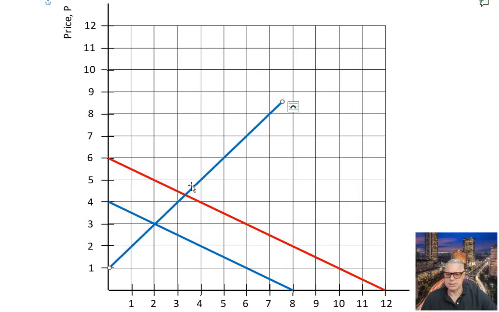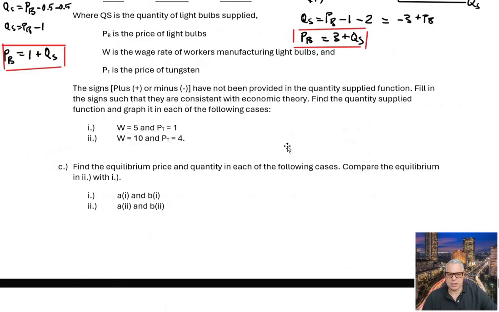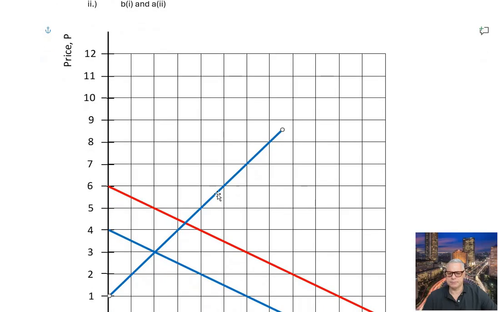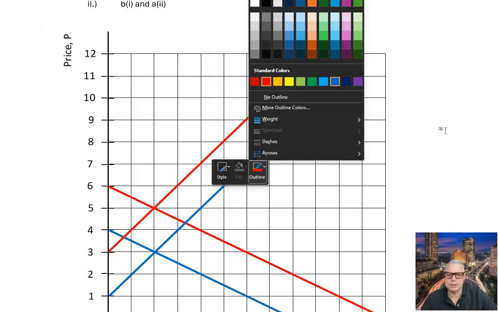And the second one had an intercept at 3, but the same slope. So let's just copy this and make it red. It starts at 3 and has a slope of 1.